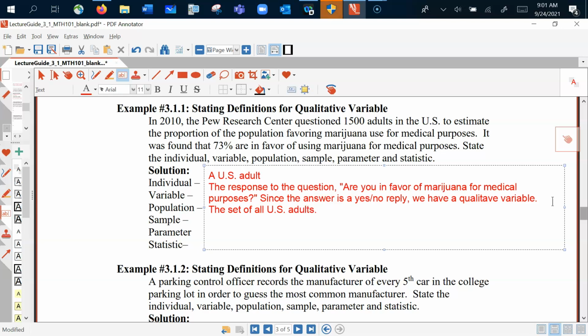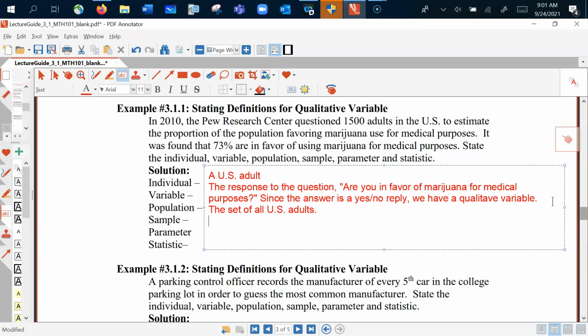Okay, and as I mentioned before, the population is really the target or the whole group of individuals that we want to study. Of course, we don't have the time or the money to interview every single U.S. adult. And so in this particular example, the Pew Research Center questions 1,500 U.S. adults.